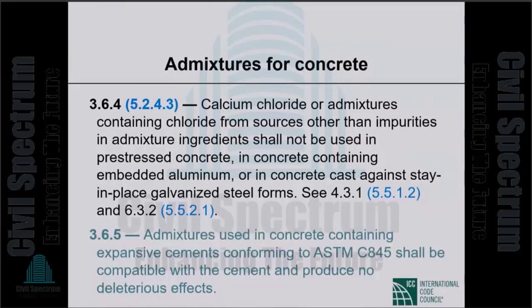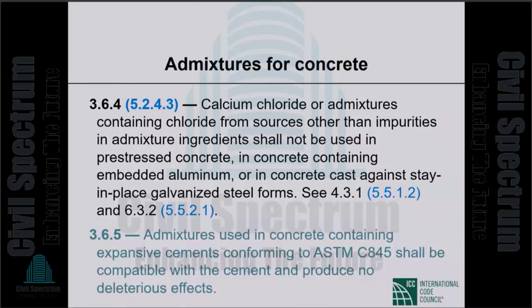Calcium chloride for admixtures: admixtures containing chloride from sources other than impurities in admixture ingredients shall not be used in pre-stressed concrete, in concrete containing embedded aluminum, or in concrete cast against stay-in-place galvanized steel forms. This is extremely, extremely important.